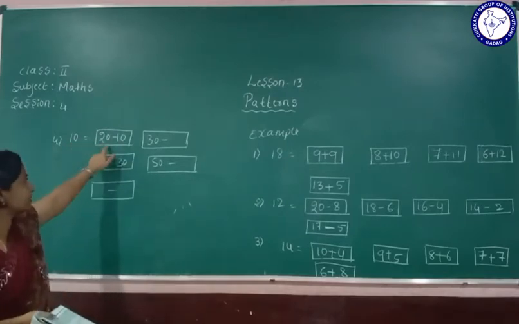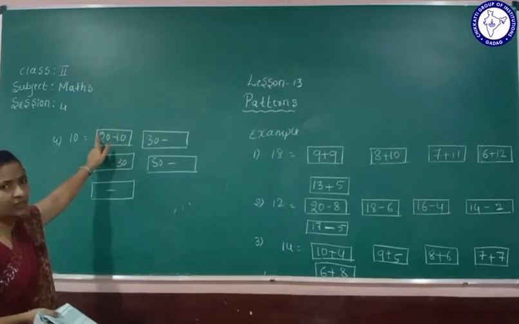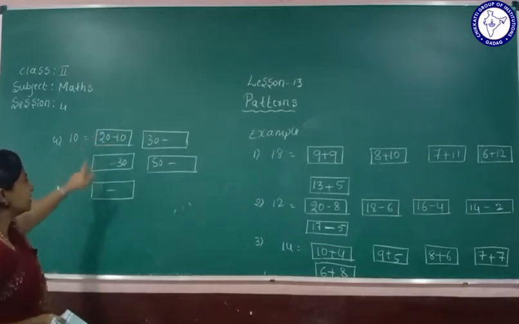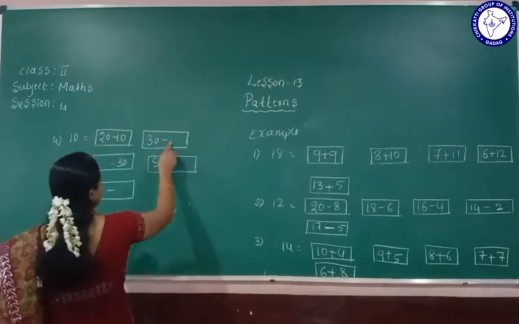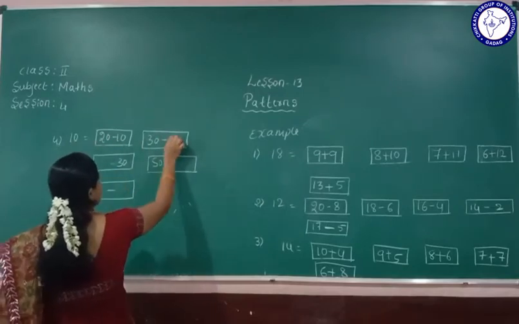We subtract 10 from 20, we can get the answer 10. Yes. So 30 minus how much will we subtract to get the answer 10?